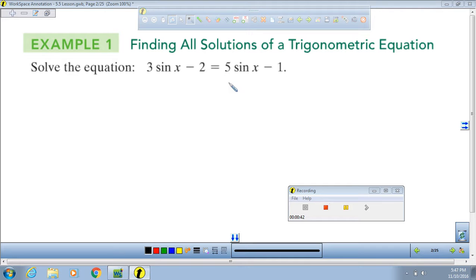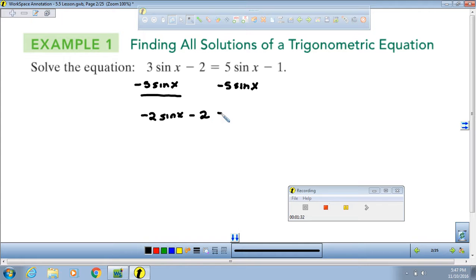So first of all, let's treat this sine as if it was a variable, and what you have to do is put the sines on the same side, like if it was a variable, and everything else to the other side. So I need to bring the 5 sine of x over to the other side by subtracting it. So you get 3 sine of x minus 5 sine of x is negative 2 sine of x.